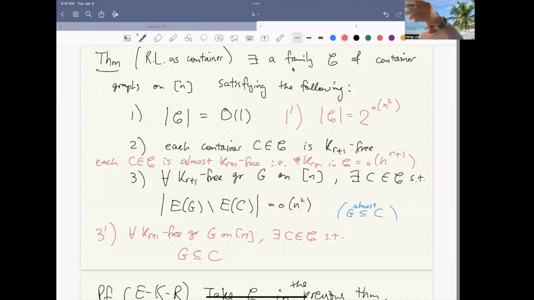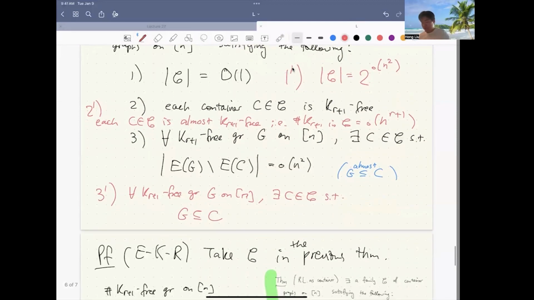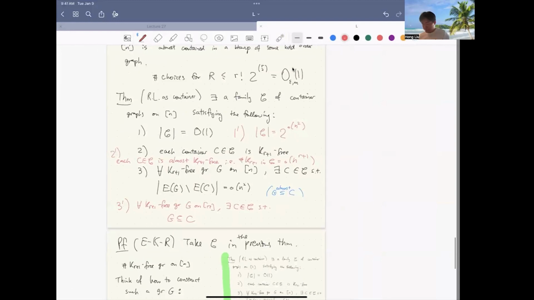This is a different version, 2 prime. You can derive this from both versions, all right?